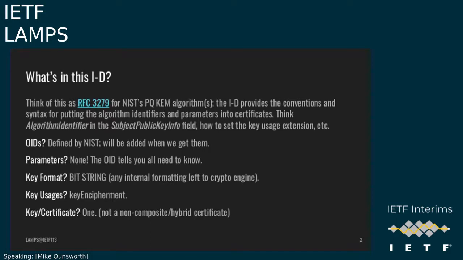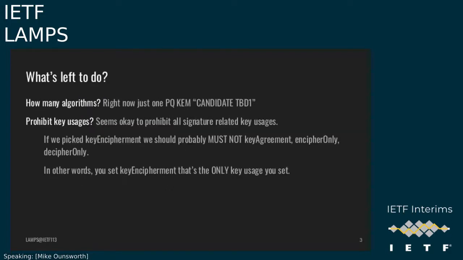So it's just a placeholder draft to stick OIDs, public key and private key encodings. And then he's got open questions: defining OIDs, defining parameters, defining key usages. And I think Sean has made some opinionated decisions on a couple of these points, like key usages in particular.